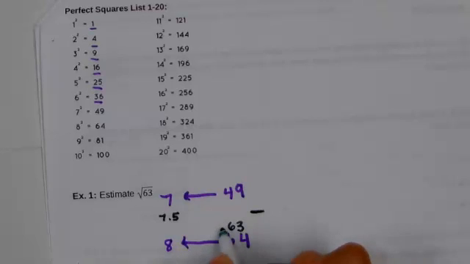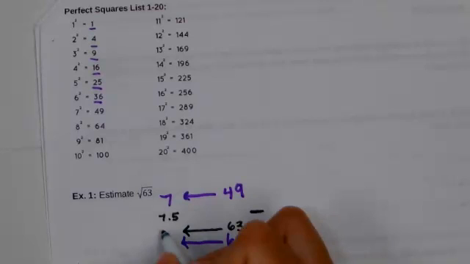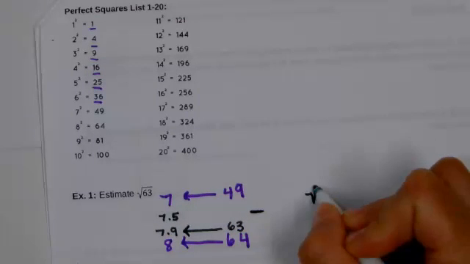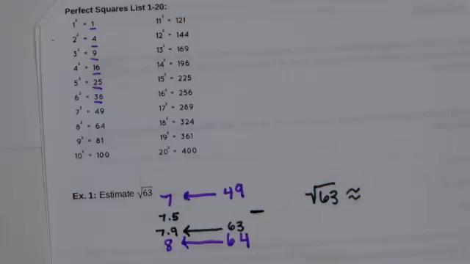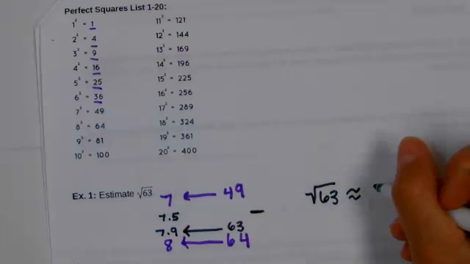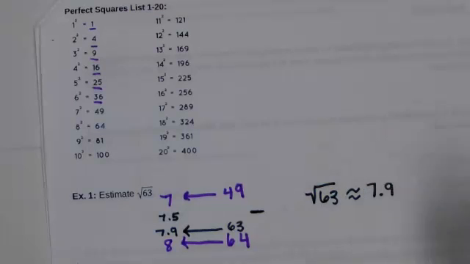If I work backwards, I would estimate the square root of 63 is probably about 7.9. So the square root of 63 is about equal to, that's the symbol for about equal to, 7.9. That's how we can get close to these numbers without actually using a calculator.